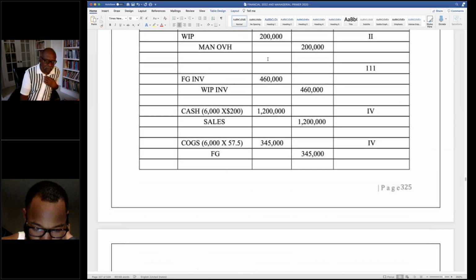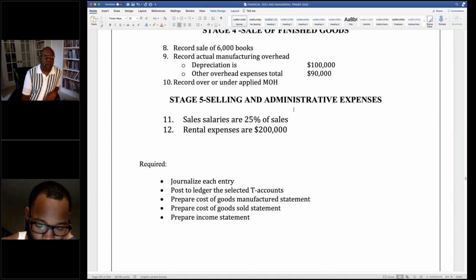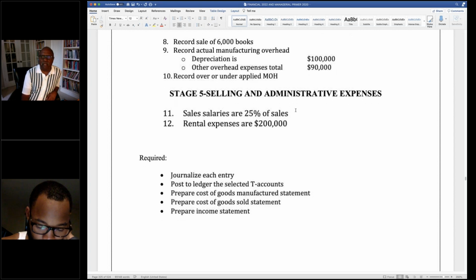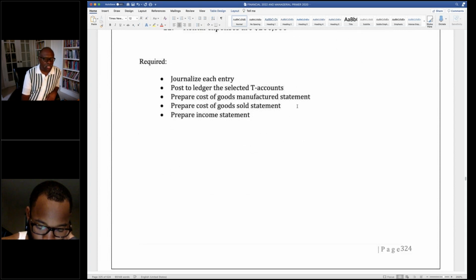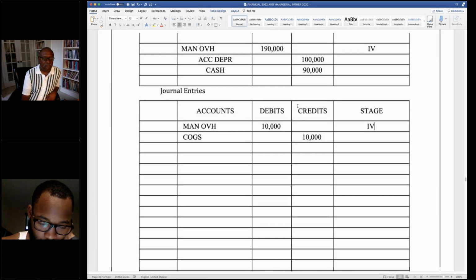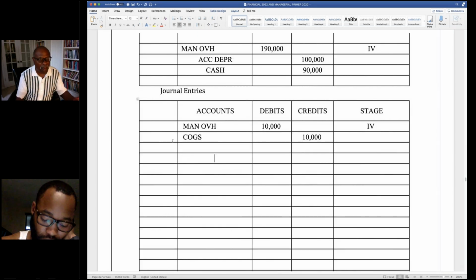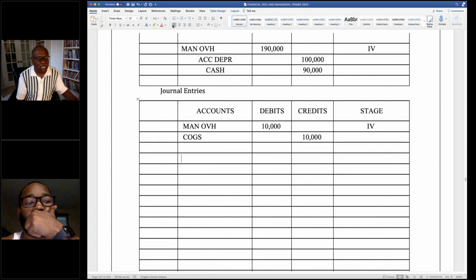The stage 5 entries, sales salary, 25% of sales. So what's that journal entry going to be? We're going to debit sales salaries, and we're going to credit cash.